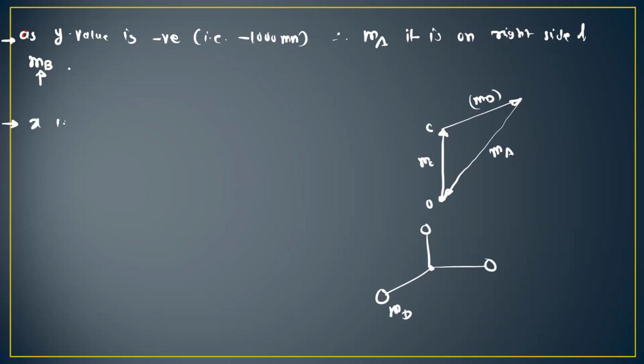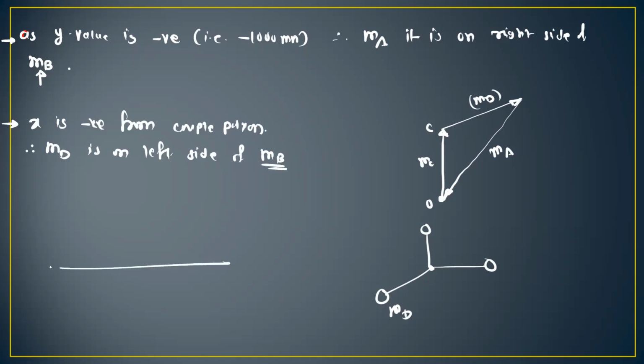So X is negative from the couple polygon. And therefore, the mass D is on the left side, that is the left side of the mass B.